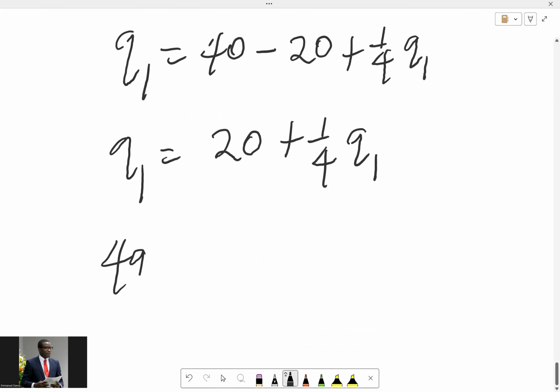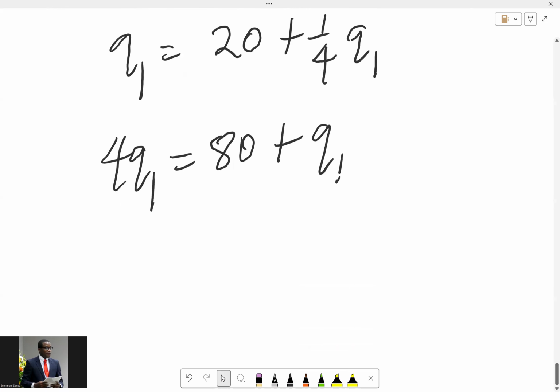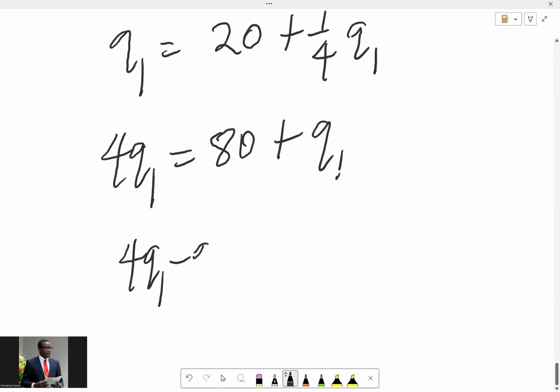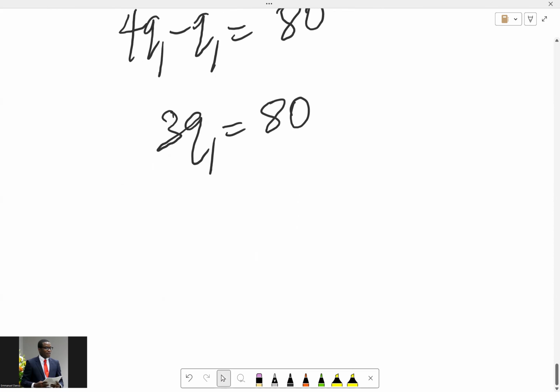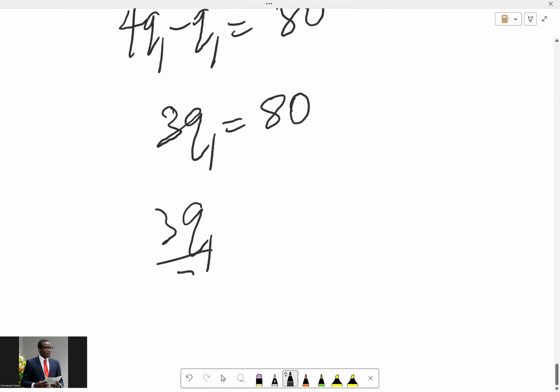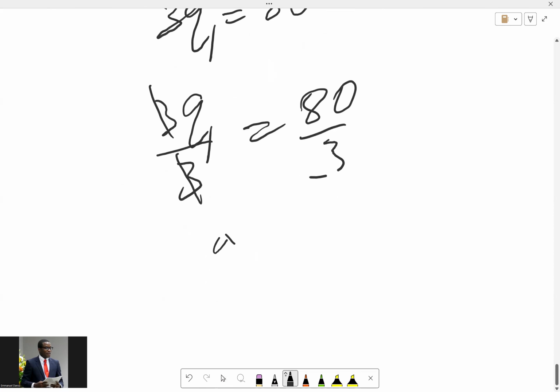So 4q1 equals 4 times 20 which is 80, plus 4 times 1 over 4 which is 1, so we have q1 right here. So 4q1 minus q1 is equal to 80. So 3q1 equals 80. Then 3q1 divided by 3 equals 80 divided by 3. The 3 cancels out, so we have q1 equals 80 over 3.